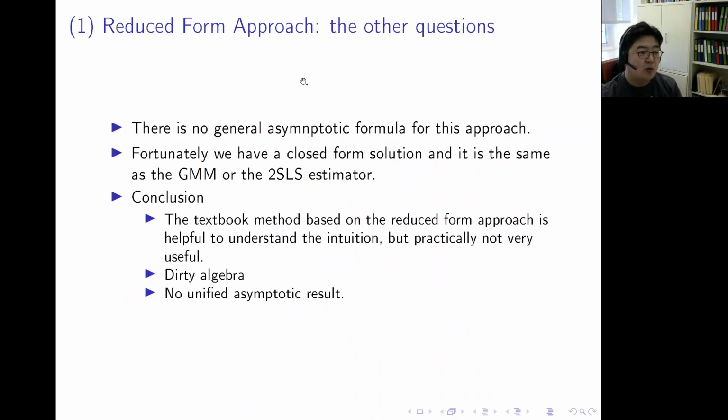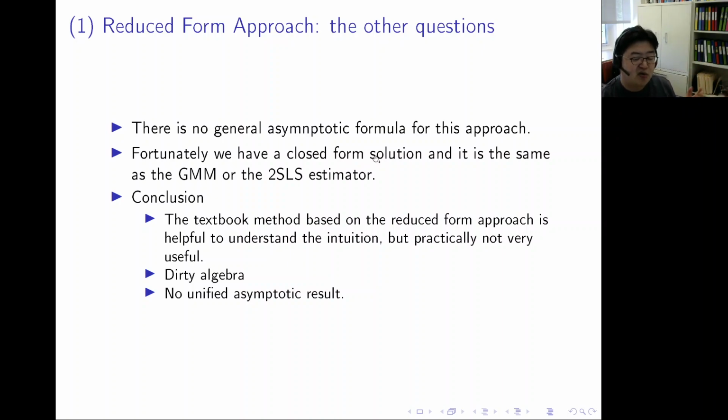Okay, so let me conclude. There is no general asymptotic formula for this approach. The conversion of structural parameters to reduced form and then back to the structural parameters has no general form.